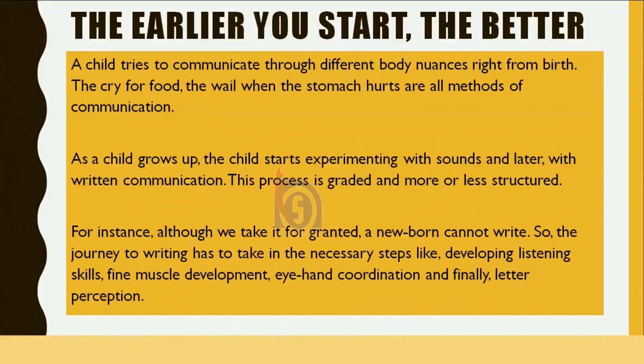For instance, although we take it for granted, a newborn child cannot write. So the journey to writing has to take in the necessary steps on the way, like developing listening skills, fine muscle development and coordination, eye-hand coordination, and finally, letter perception.